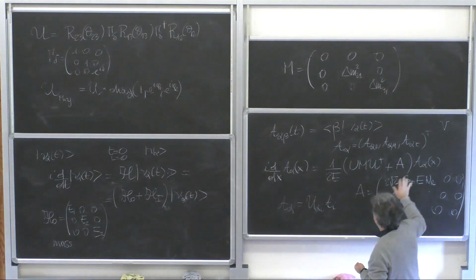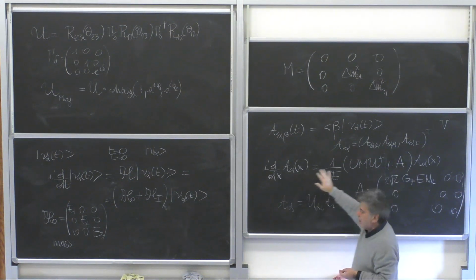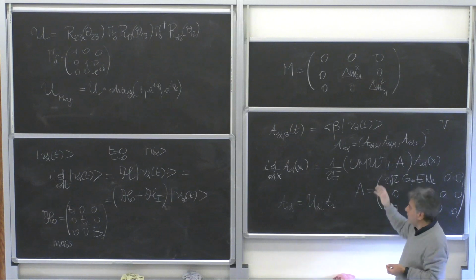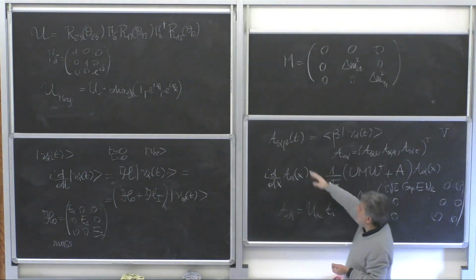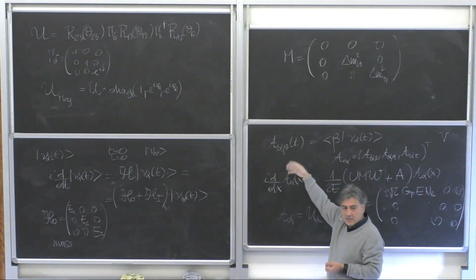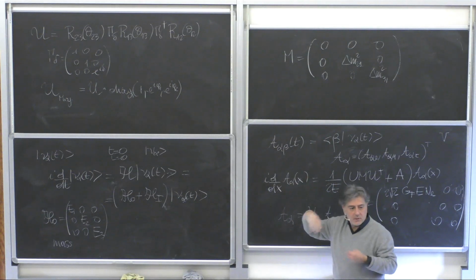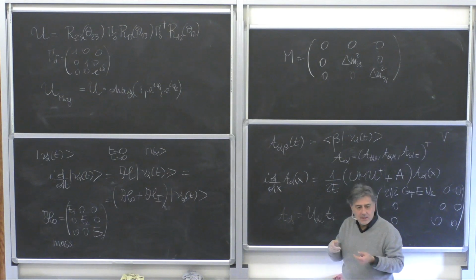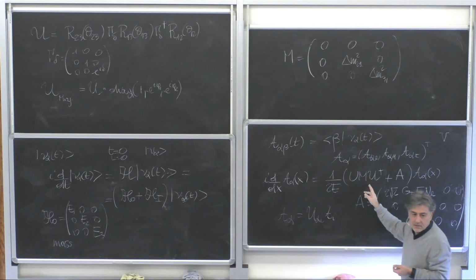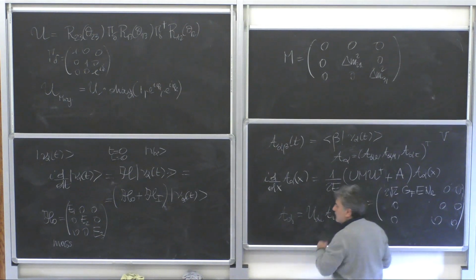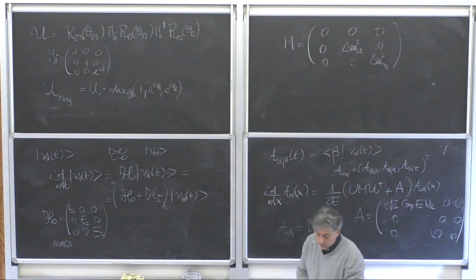This is the final formula and its interpretation. Starting from here and taking the derivative, you have to insert twice the identity and get this, but we are interested only in the final formula.